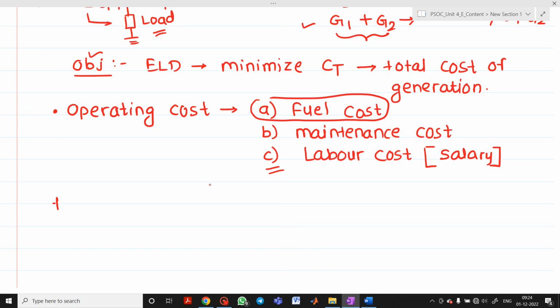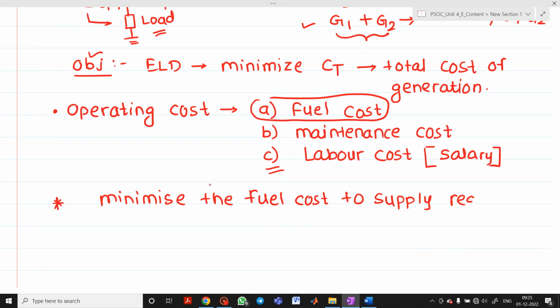This is a very important point. Why is it required? It is required to minimize the fuel cost to supply the required load.